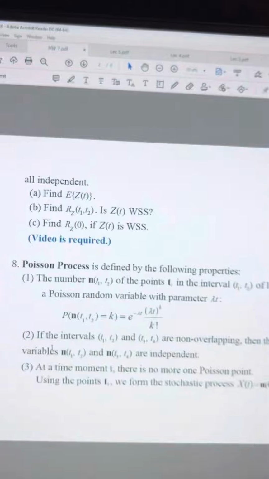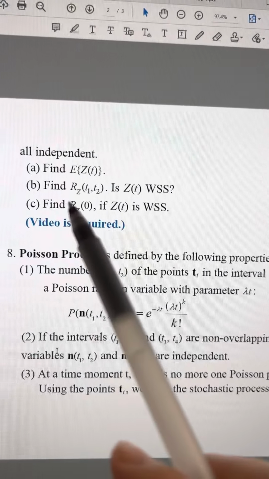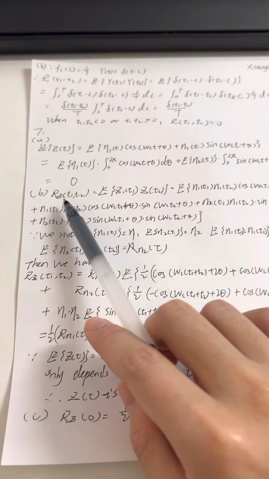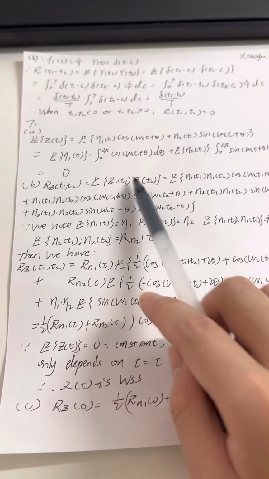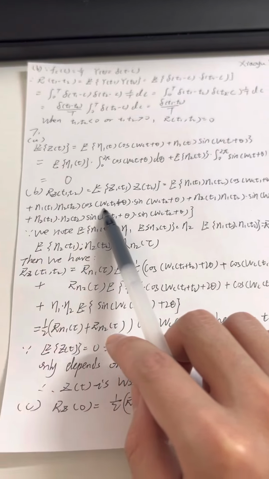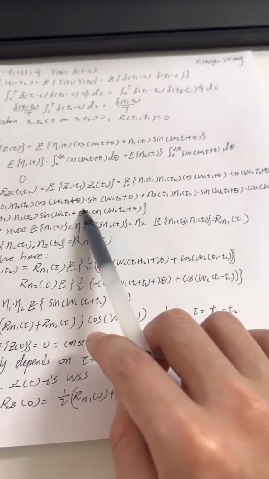For the second question, it wants us to find the R_Z function. First we can directly write this function in this formation, and we can get four different parts.